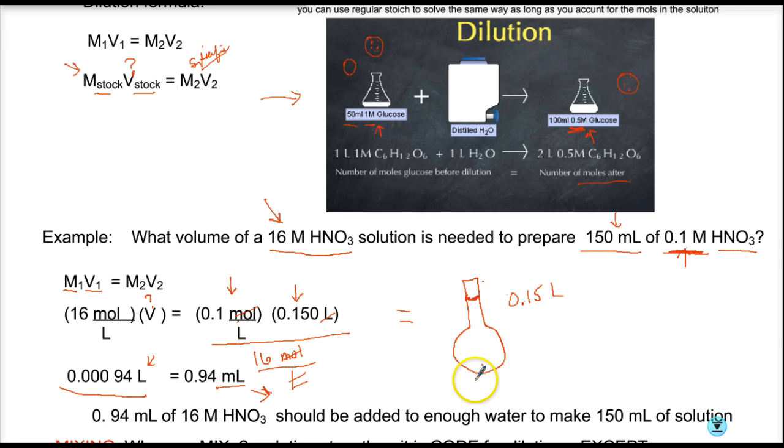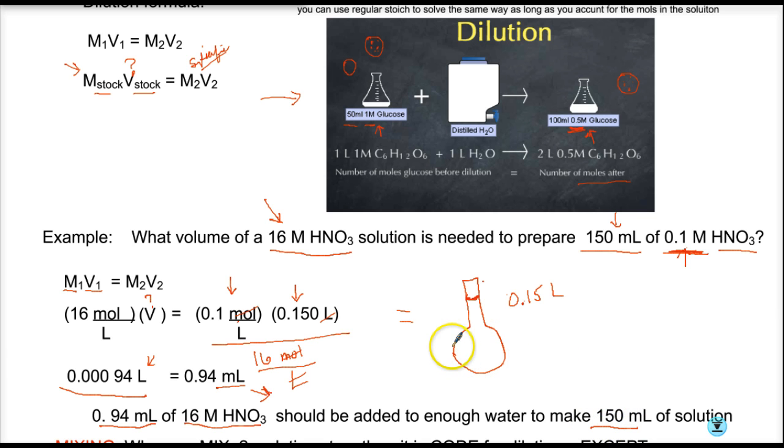We'll get back more into that, but to do your empirical formula lab, you have to know how to make a solution, so this is very important information because that's coming up really quick. Anyway, we want to add the 0.94 milliliters of this very concentrated nitric acid to enough water. We add acid to the water, and we want 150 milliliters.